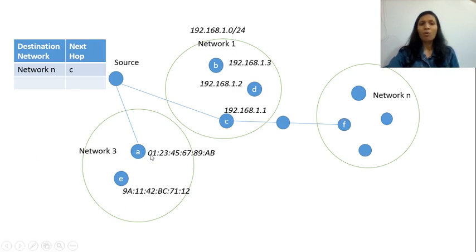In case the devices do not have any relation in the MAC addresses, the source will have to keep with it the MAC address of each and every device which is present in the network and how to reach these devices. This is not going to be feasible for a very large network, as the source will have to keep a routing table of a very large size, and that will not be feasible.